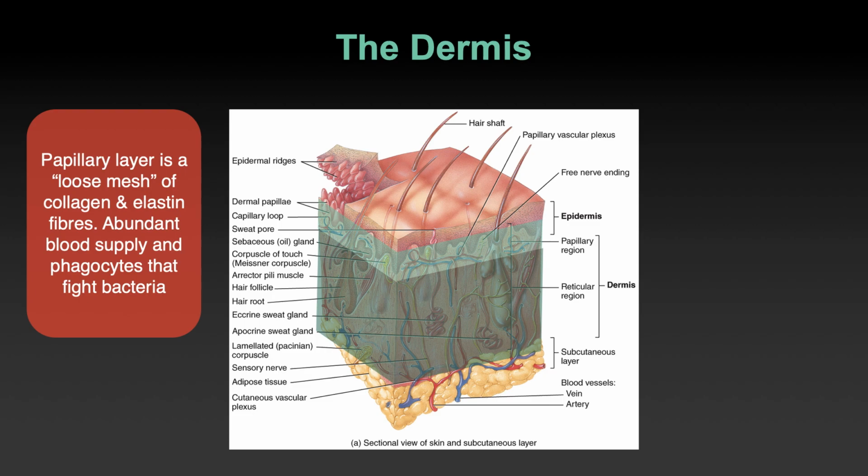Elastin are the flexibility fibers. Really loose arrangement of these fibers. It's very airy. So there's abundant blood supply, and we have some other immune cells called phagocytes in this layer that, if you get a deep cut, can hopefully prevent against a bacterial infection. Macrophages in the epidermis, phagocytes in the dermis, at least in the papillary region.